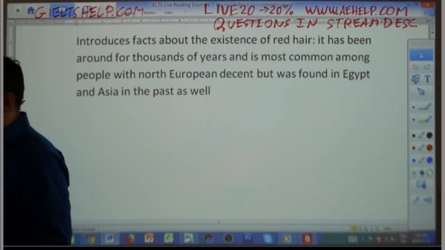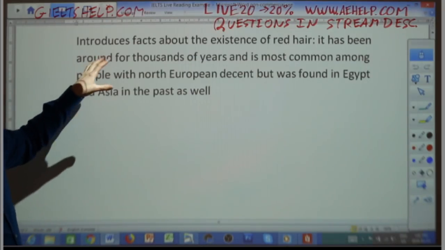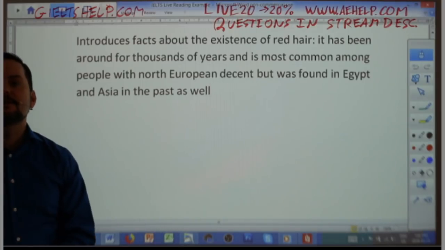Okay, so here, of course, we can list a lot of information, but just getting the key points. So it introduces facts about the existence of red hair. That's the most important, as Mohammed said.